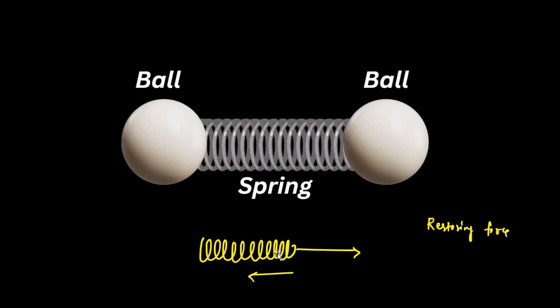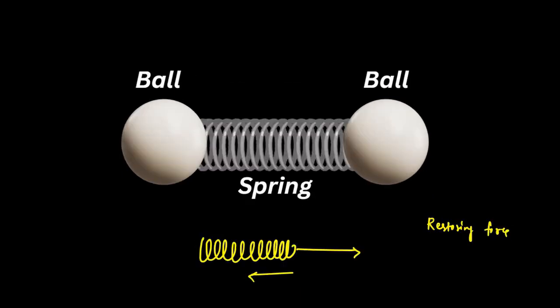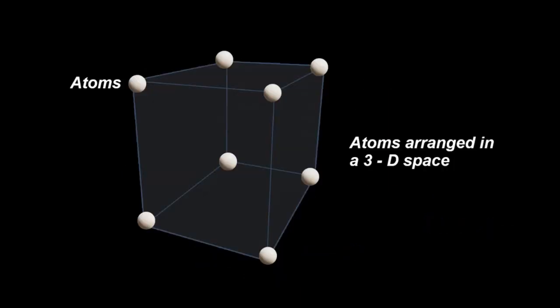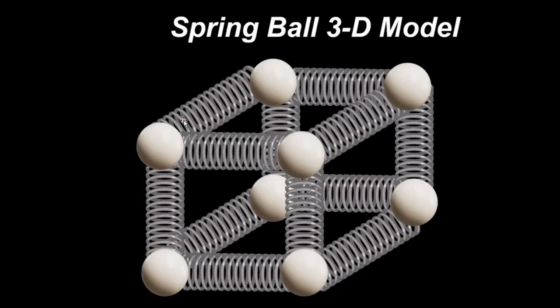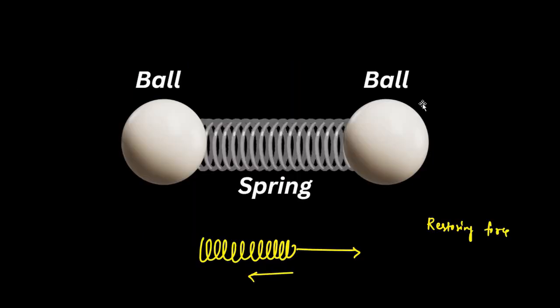The same behavior is exhibited by the interatomic forces in the case of atoms here. Suppose we visualize this as atoms connected to a spring, with the two ends of the spring connected to atoms. It is exactly the same as the interatomic forces between atoms.